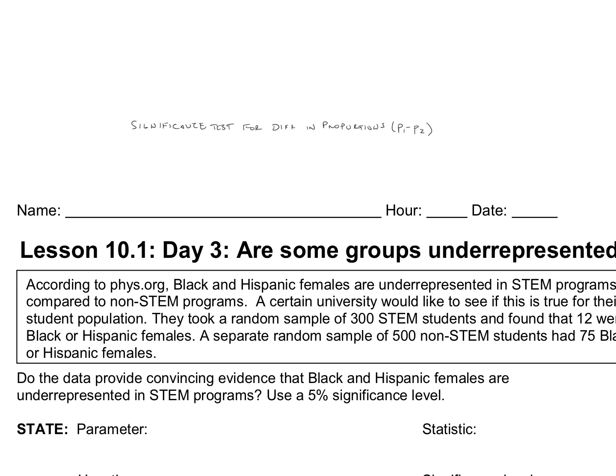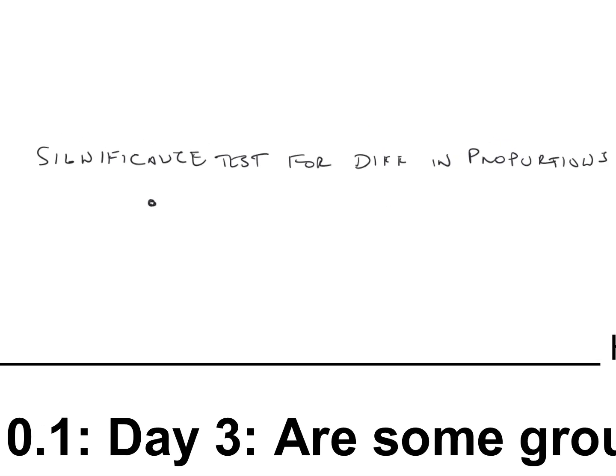Here's what we need to know, and this is kind of the sub-bullet point. We're going to mention this idea of P hat C. That means combined. So the C means combined. If we make an assumption, there's a problem that's going to exist here. This is only true for a significance test, not for a confidence interval.